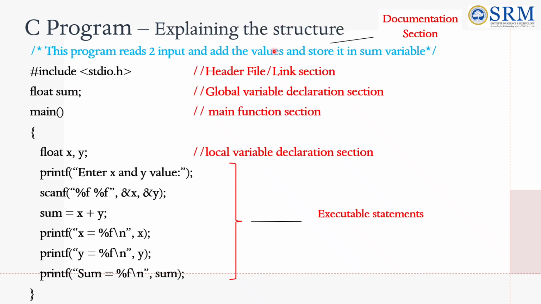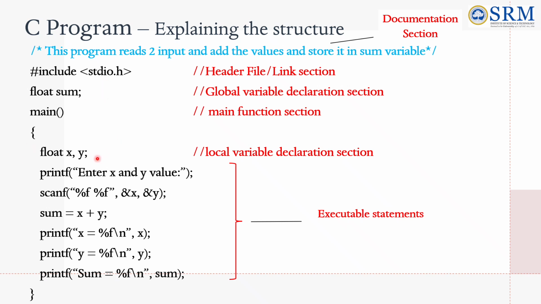Here I have used the same program but with small modifications. Instead of z variable, I have used a variable named sum. And the other difference is that z in the previous example was declared inside the main function, but here sum is declared above main function.